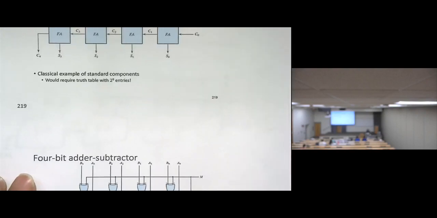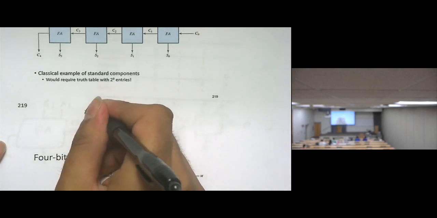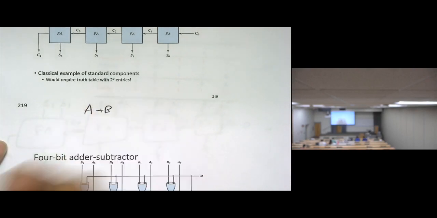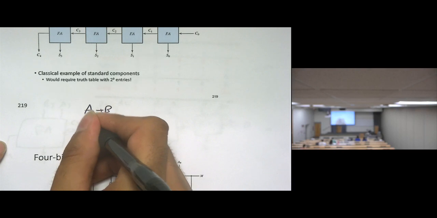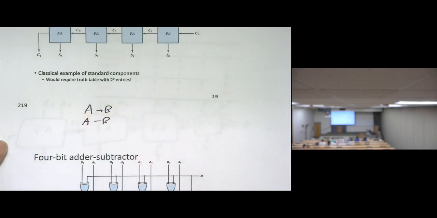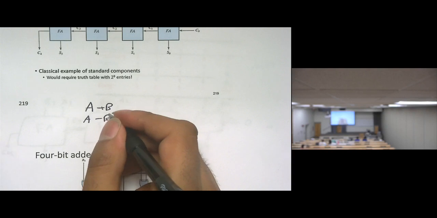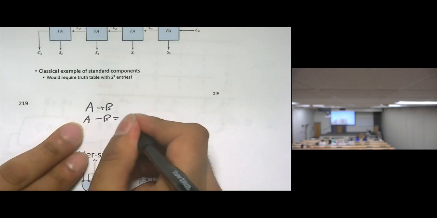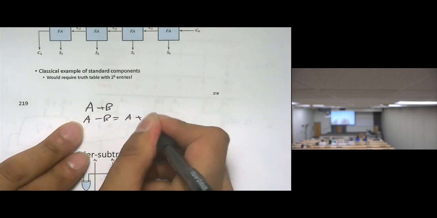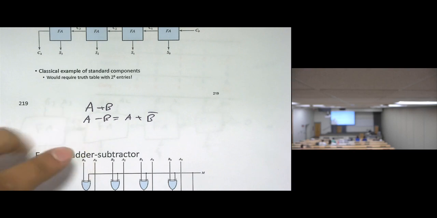Now, can we do addition and subtraction at the same time? Which means I have A plus B, or I need to make A minus B. How can I make this subtraction? The subtraction can be done by saying I can make it A plus B bar. Is that right?